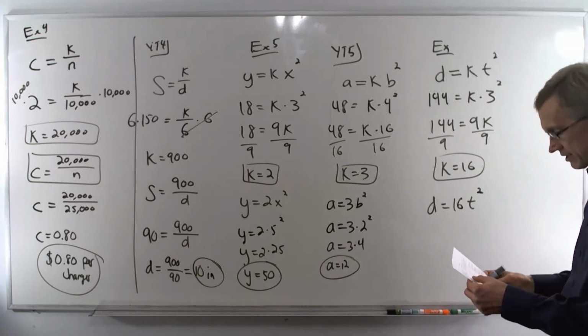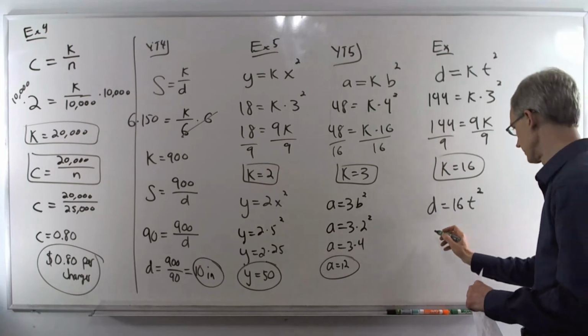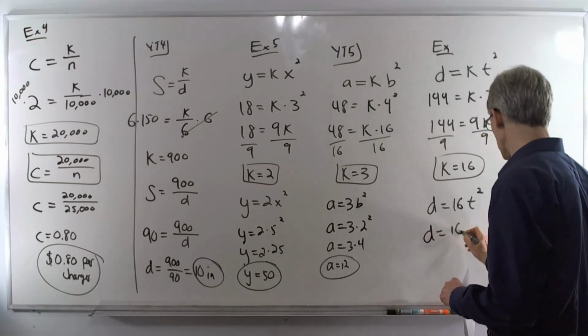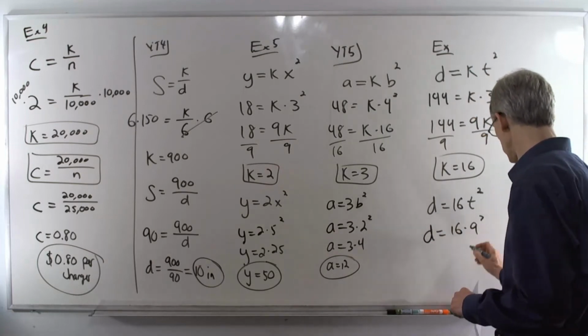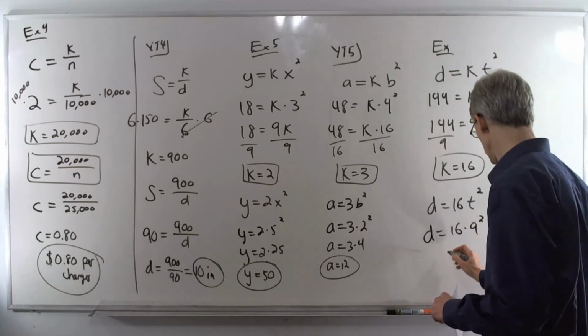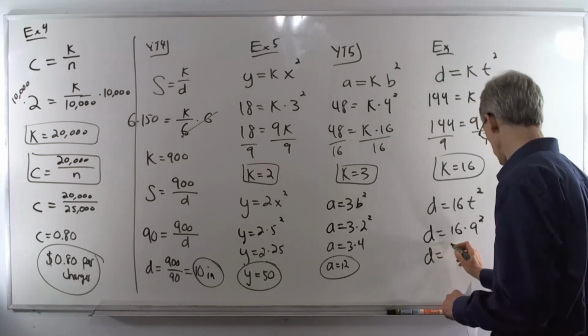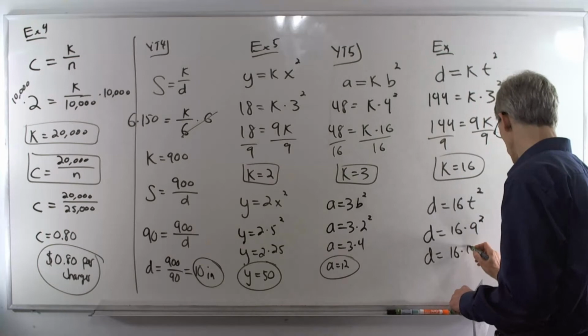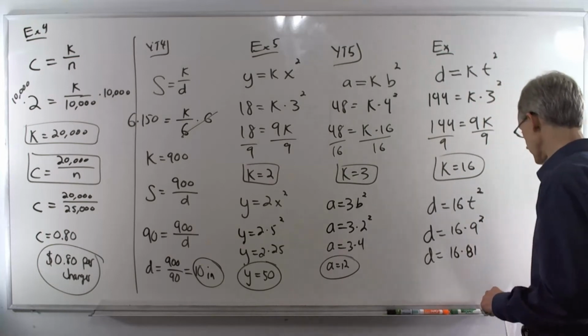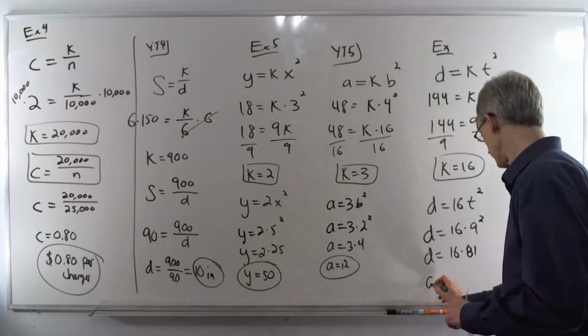Now we want to find the distance the ball falls in 9 seconds. So distance equals 16 times 9 squared. So we have 16 times 81.